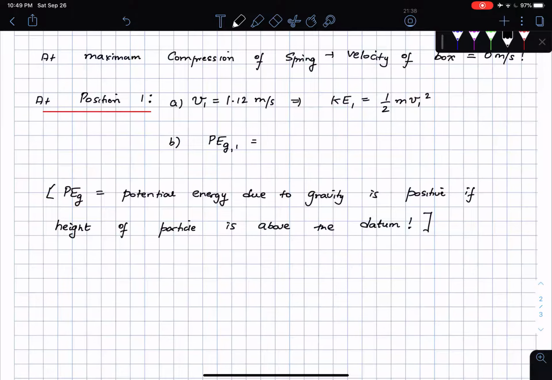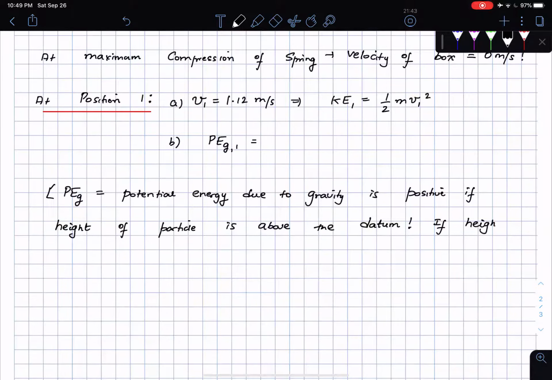Otherwise it's negative. If the height is below the datum, then potential energy due to gravity will be negative, minus mgh.